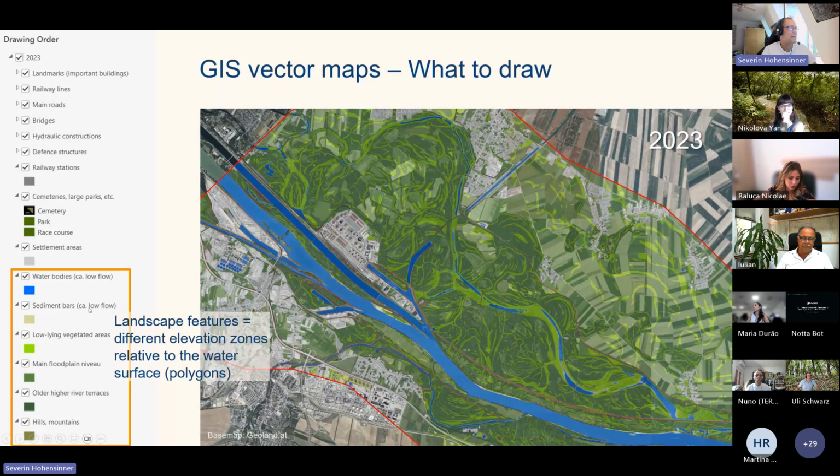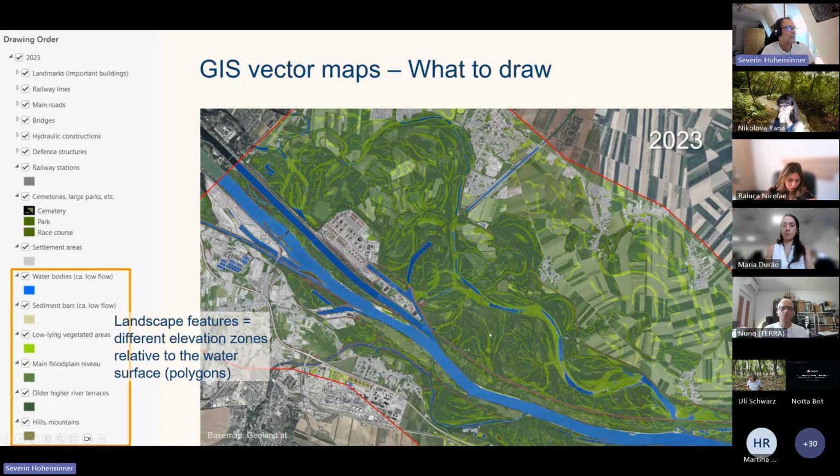Unvegetated sediment bars are a little bit higher. Low-lying vegetated areas, the light green, are abandoned vegetated river arms, low-lying shore zones, riverbanks, low-lying small islands, and so on. They're a little bit higher already.